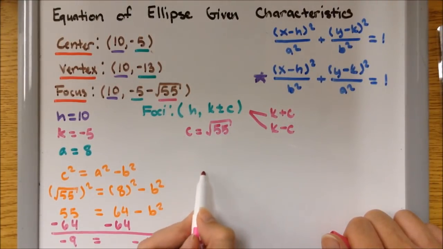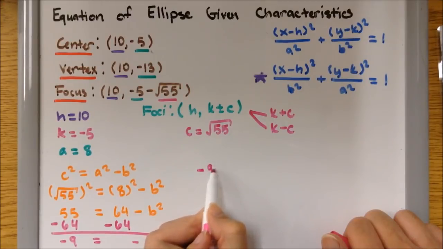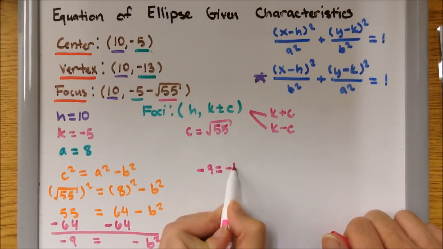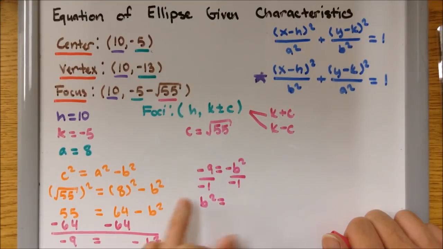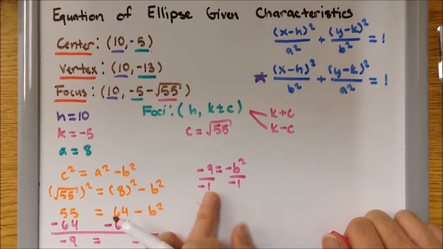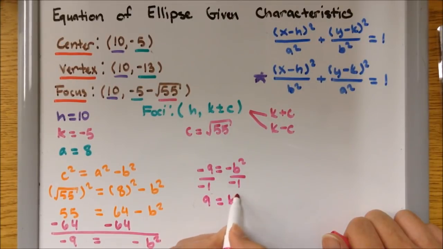So up here I'm going to write it, -9 equal to -b squared divided by -1, because I wanted a positive b squared. So, oops, don't want to mix it up, 9 equal to b squared, which I would just flip it around, so b squared equals 9.